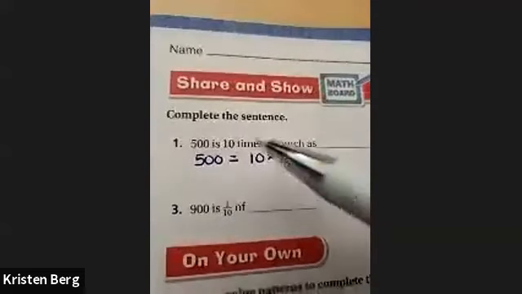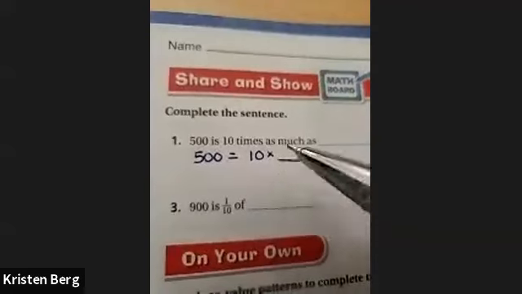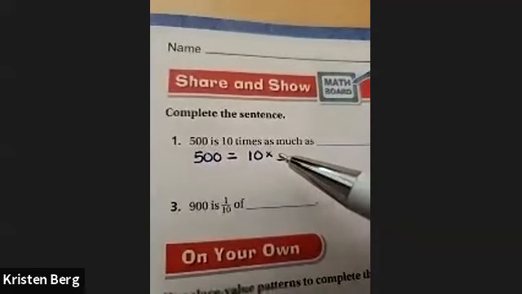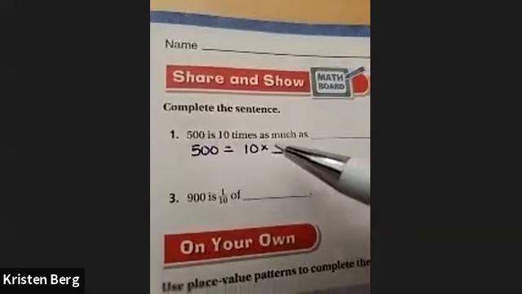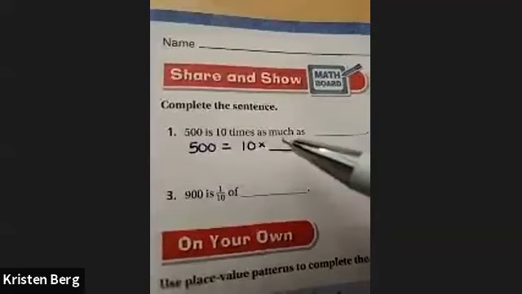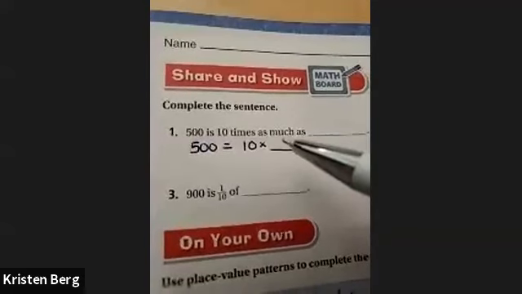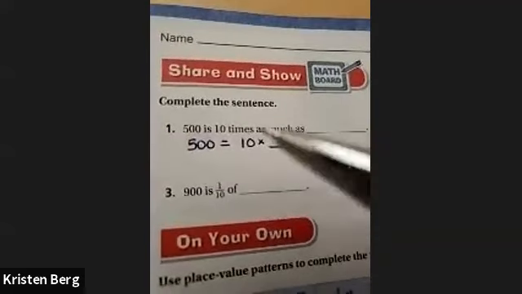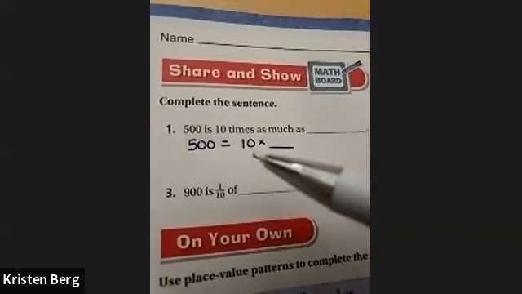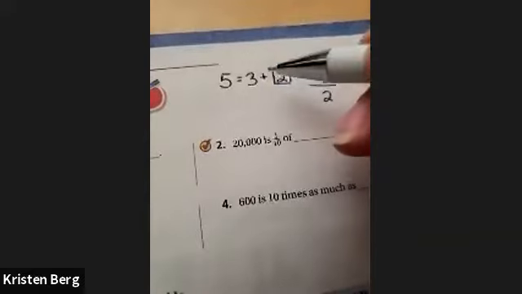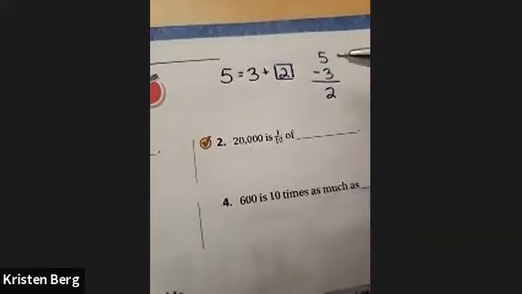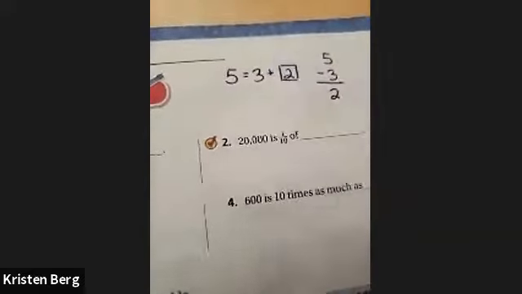So does anyone know what the opposite of timesing is? You guys should all basically be saying the opposite of timesing is division, and division is the opposite of multiplication, just like the opposite of addition is subtraction, and the opposite of subtraction is addition.